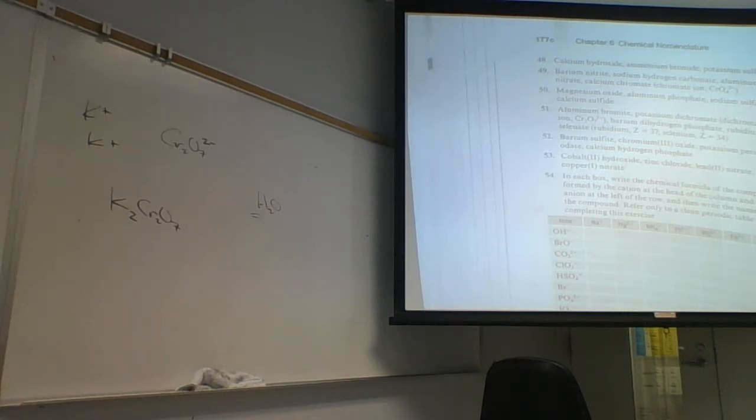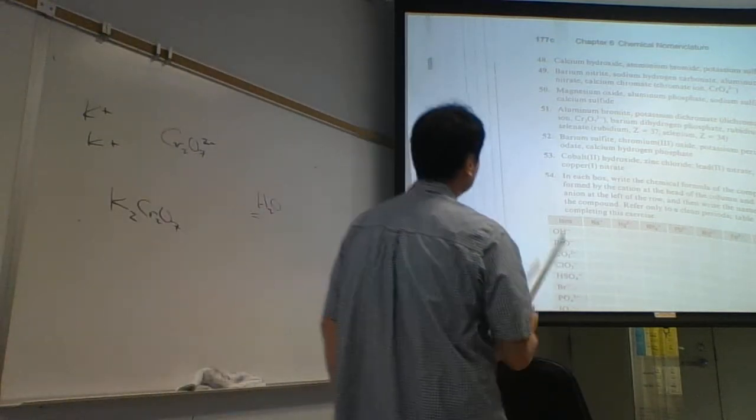Rubidium is Rb, charge 1 plus, so this is Rb2SeO4. Here, we don't need parentheses around rubidium.